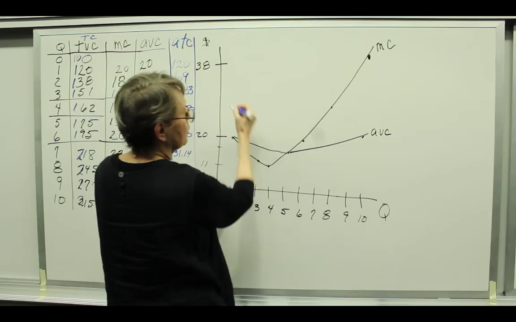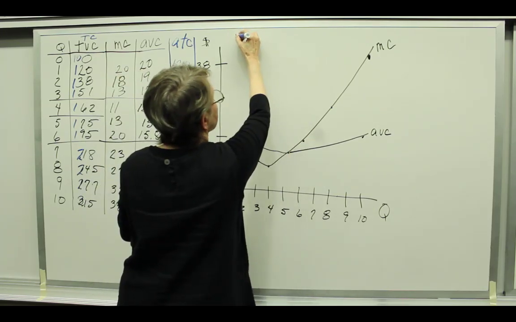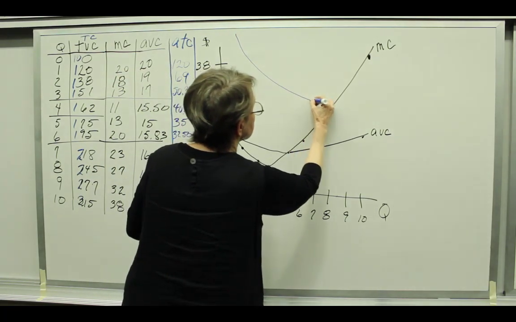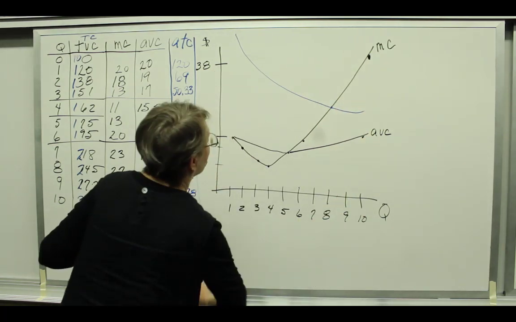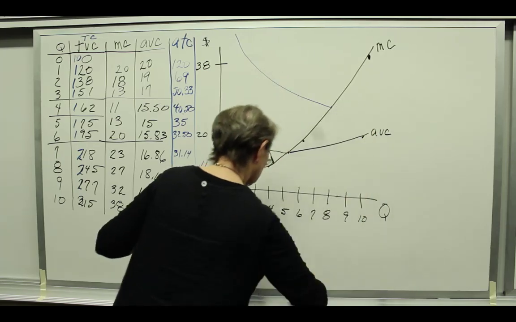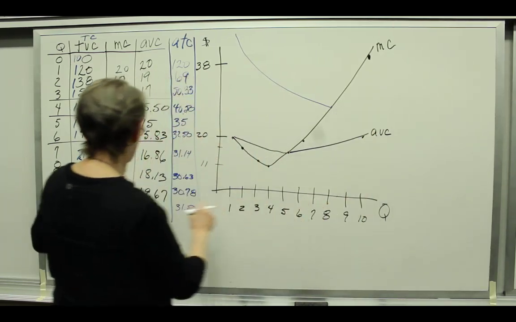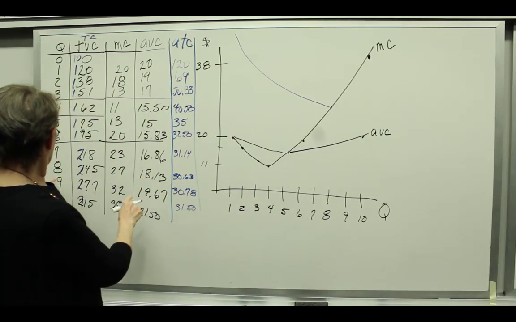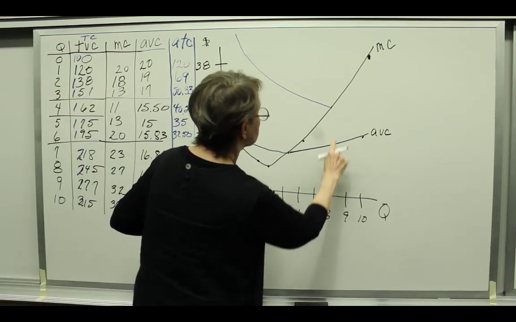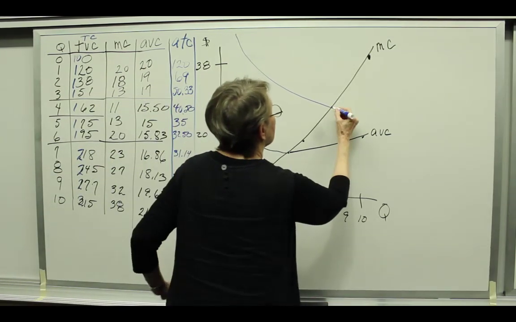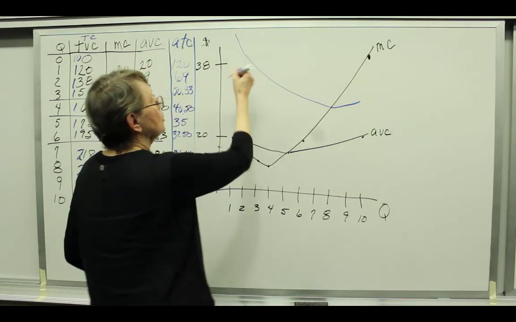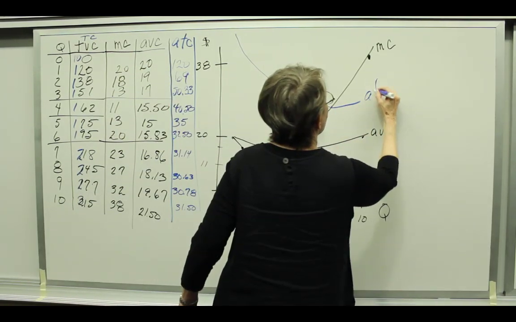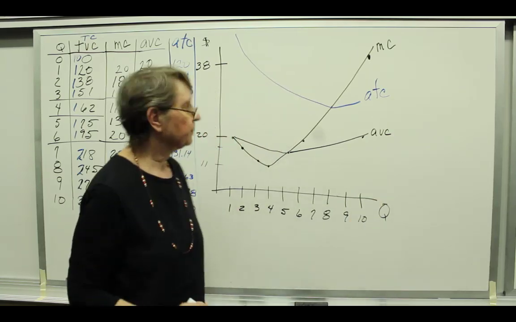So it starts up there, it decreases, decreases, decreases, and somewhere between 8 and 9 units, somewhere in here, it turns around and starts to go back up. So this is my average total cost curve.